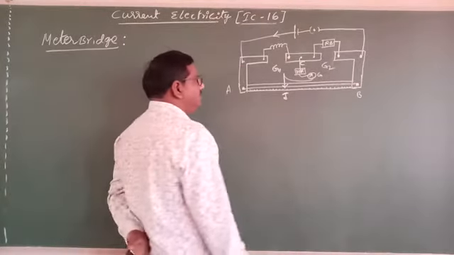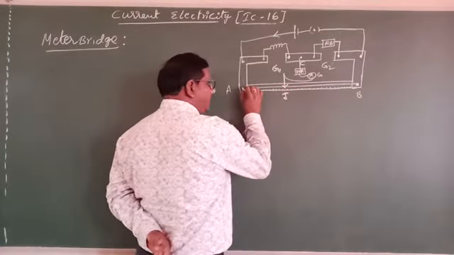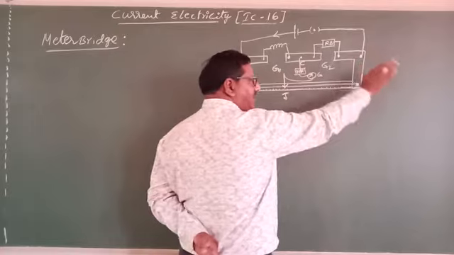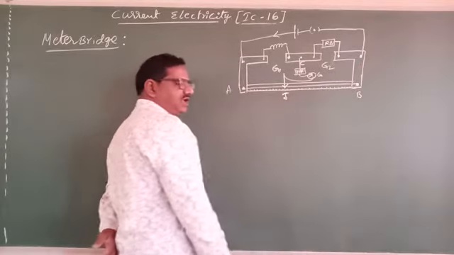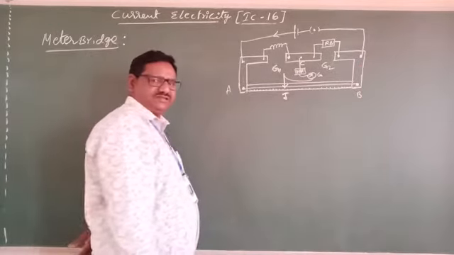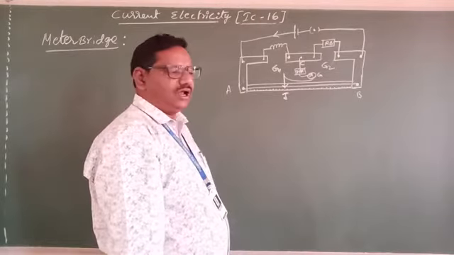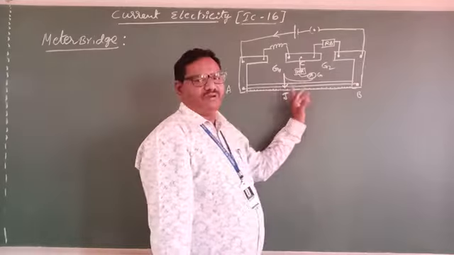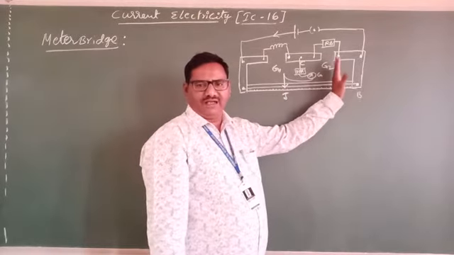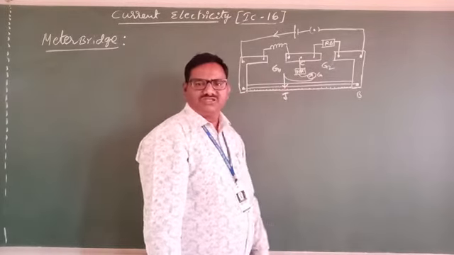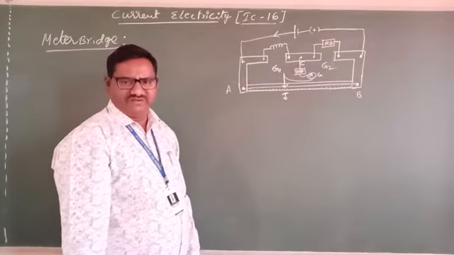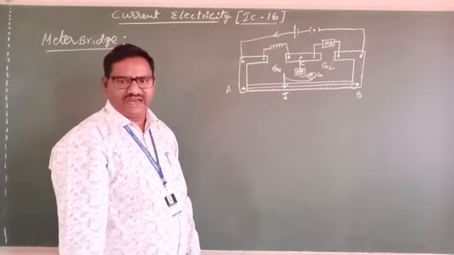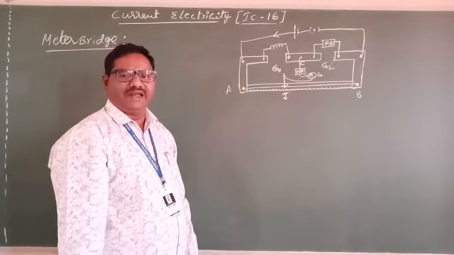If the jockey is placed at point A, the galvanometer shows deflection completely towards B. That means the galvanometer shows opposite deflections. Similarly, if the jockey is placed at point B, the galvanometer shows deflection towards A. That means opposite deflections. If it is like that, then the circuit is connected in the proper manner.